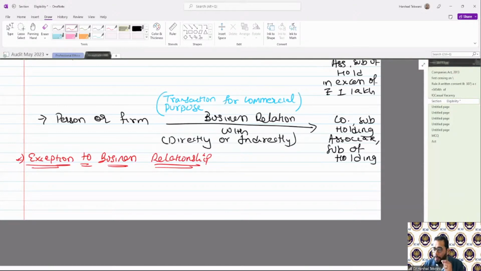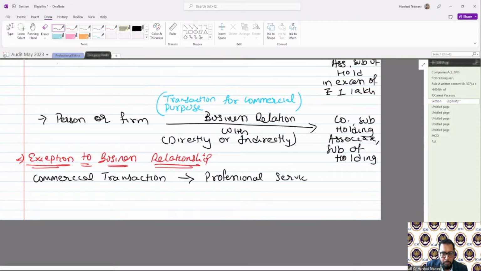The first is commercial transactions which are in the nature of professional service. So if I have provided professional service, those are also commercial transactions, but that doesn't mean I am in a business relationship with the company. So that is fine. If I'm providing professional services which are permitted under the Chartered Accountants Act or under this particular Companies Act, then fine, no issue.